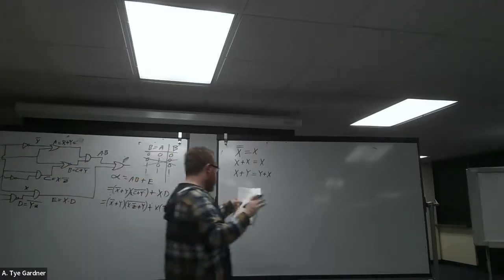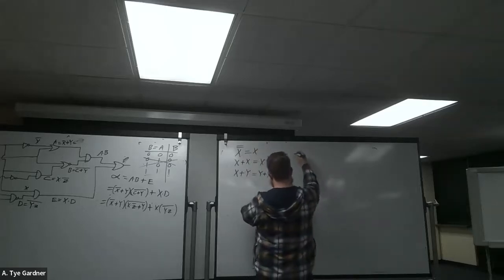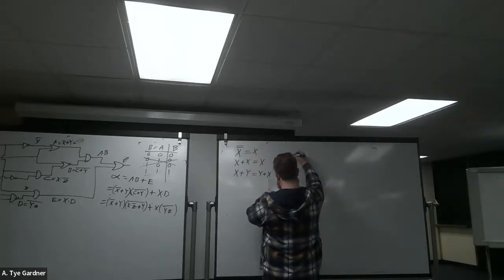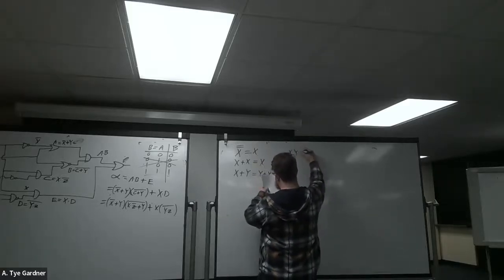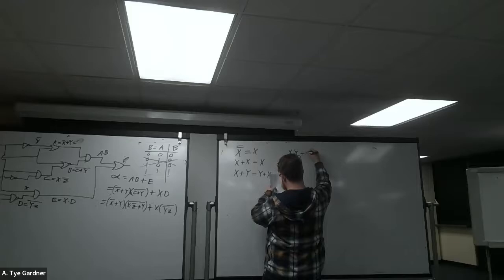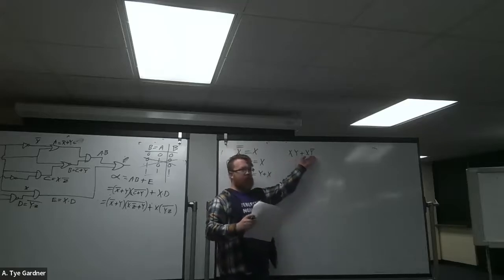And one of those examples is, sorry, where is it? Well, let me do a different one first because I don't think the book uses this one either. Let's look at this one. What is x and y or x and not y?